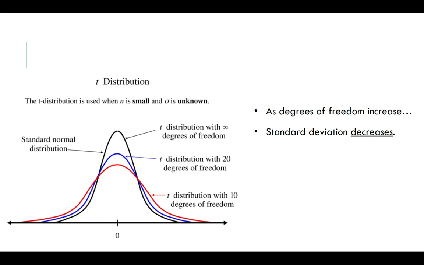As I go from red to blue, bottom to middle, the distribution gets skinnier, so my dispersion is smaller, my spread is smaller, my standard deviation is smaller. As we go to the black distribution, my standard deviation continues to decrease as we converge to the normal distribution. As we said, as n gets large, a t-distribution approaches a normal distribution.